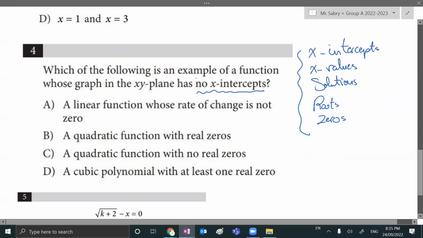So if I say that there is a function that has no x-intercepts, it means it has no roots. It means it has no zeros. So when you check, it's choice C definitely. It's a quadratic function with no real zeros. So that's an easy one, just by remembering the keywords of those answers.